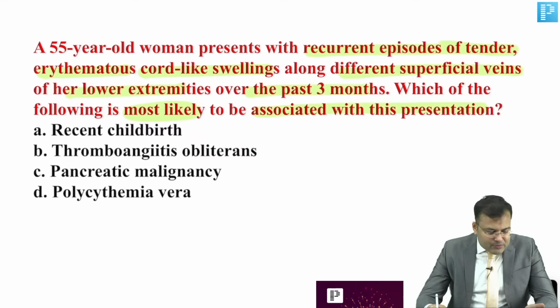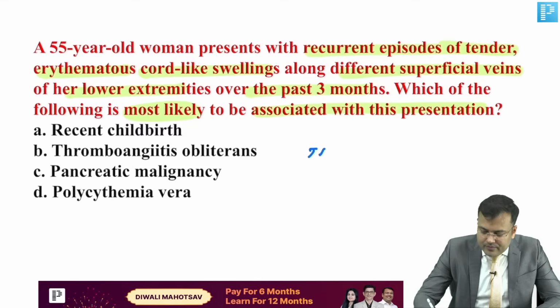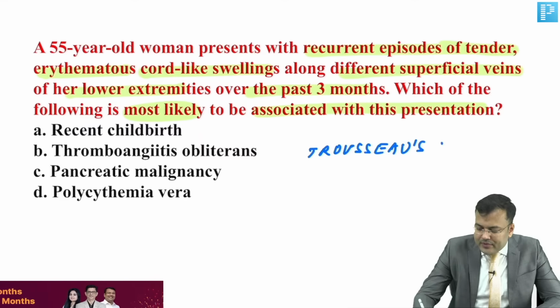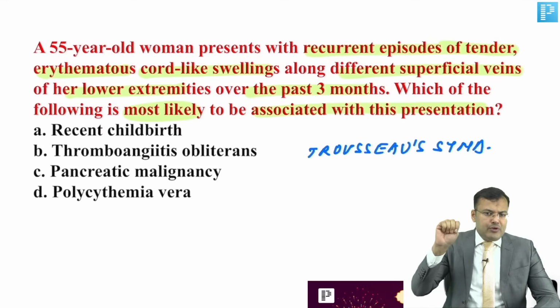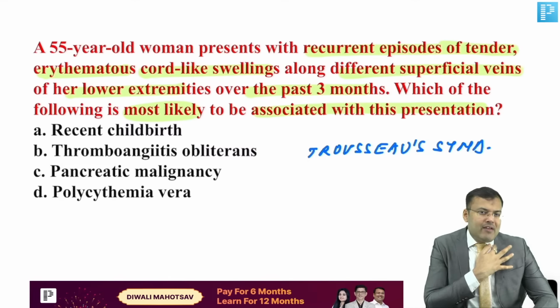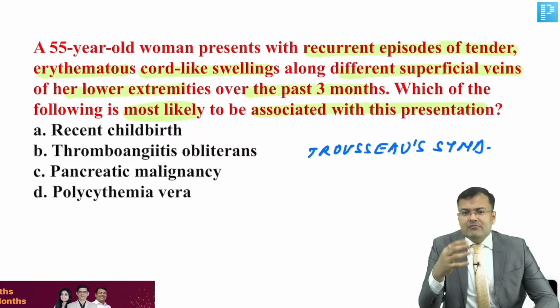Sushmita, most of the time you are correct. Most of the times, guys, this is Trousseau's syndrome. What is Chvostek's sign? The carpopedal spasm in hypocalcemia. What is Trousseau's sign here? Actually the supraclavicular lymphadenopathy in malignancy is Troisier sign. This node is known as Virchow's node.